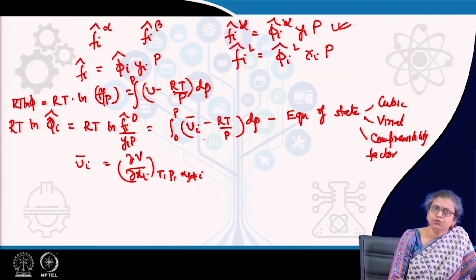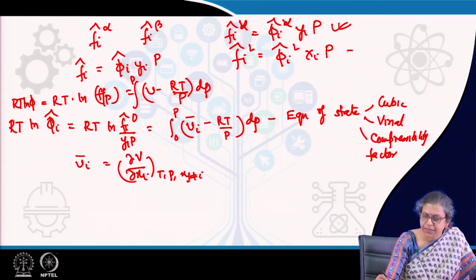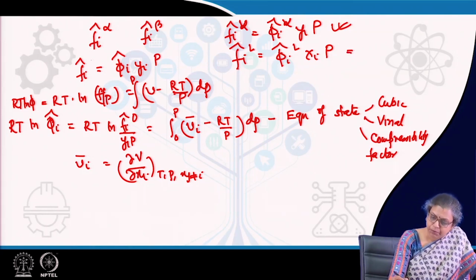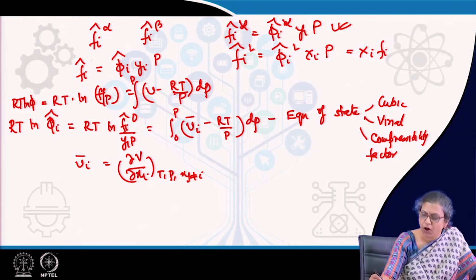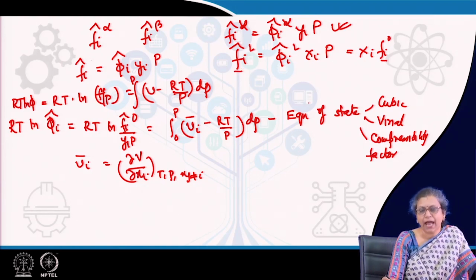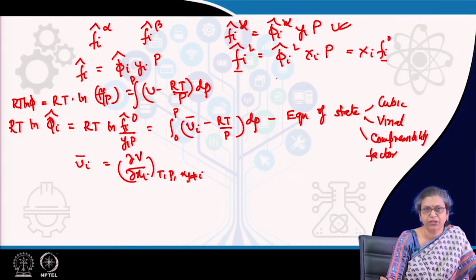So, just to eliminate this particular difficulty, an ideal solution model has been assumed in the liquid phase, which states that the partial fugacity of component i in the liquid phase is proportional to the composition in the liquid phase and the pure component fugacity of that particular component in the liquid phase, provided the f_i0 and the f_i are evaluated at the same conditions of temperature and pressure.